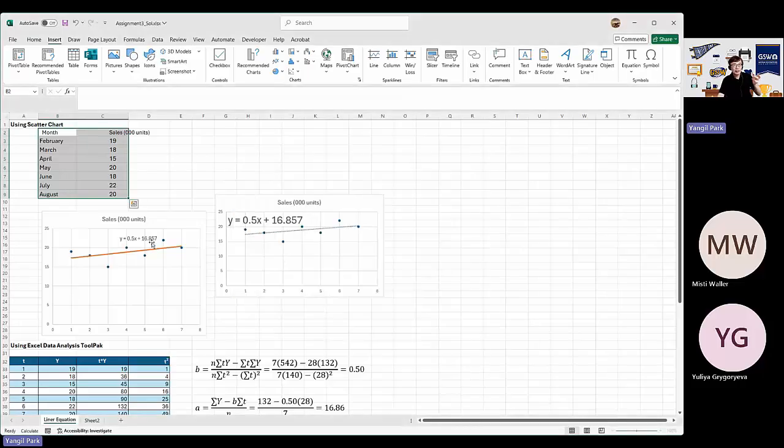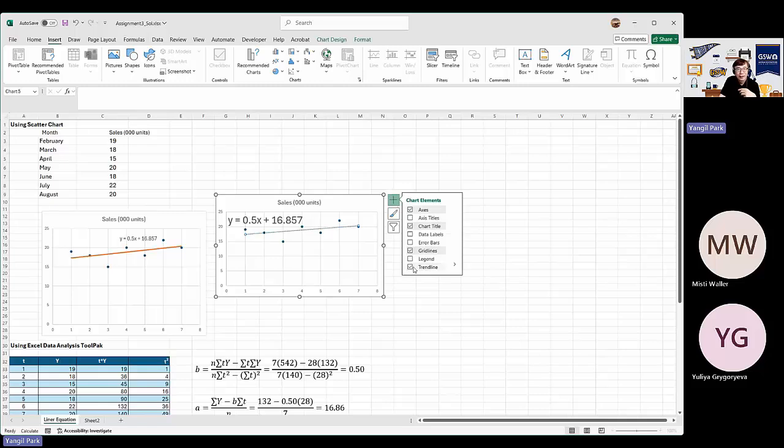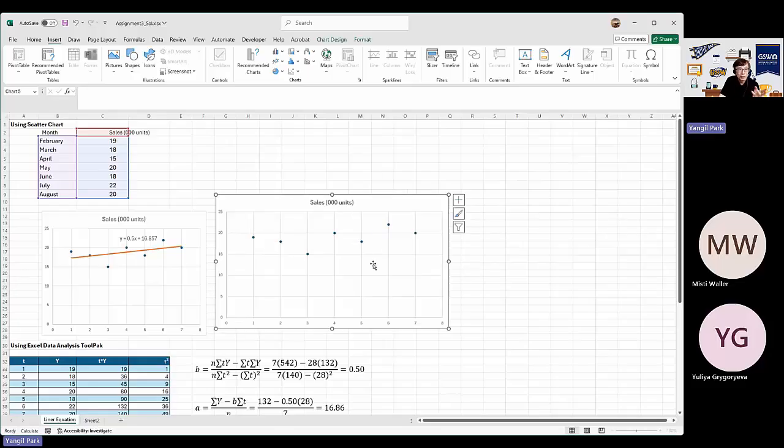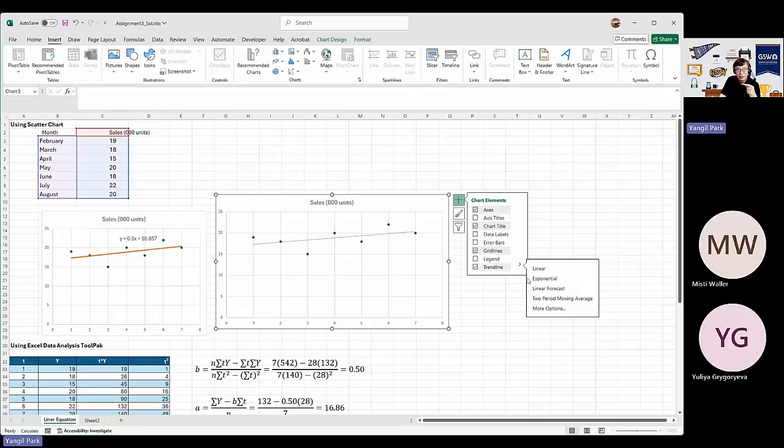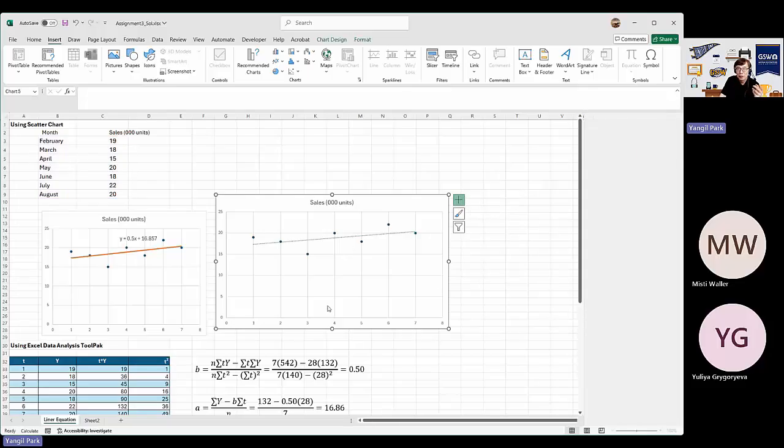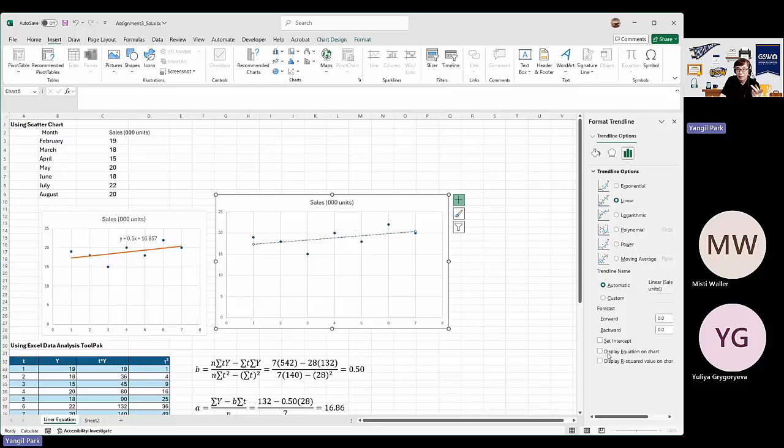That's what you get without the trend line. Then to show the trend line, go to Chart Elements, Trendline, and it shows right away. Then go to More Options so that you can show the equation. From here, select Display Equation on chart.